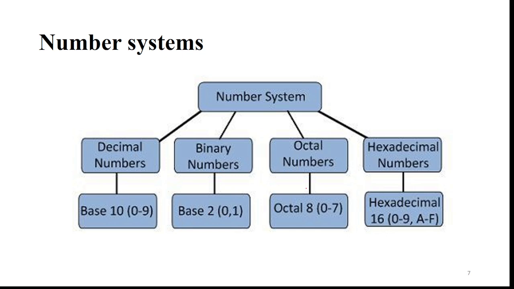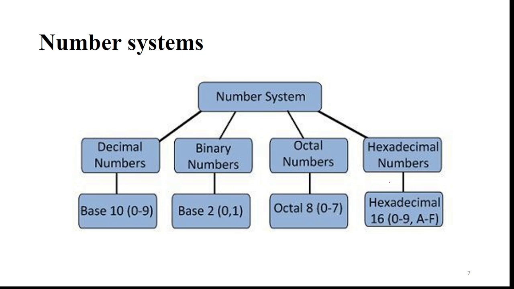The octal system is base 8. Octal system, base 8, uses digits from 0 to 7 only. So in base 8, we can represent any number with values from 0 to 7 only.